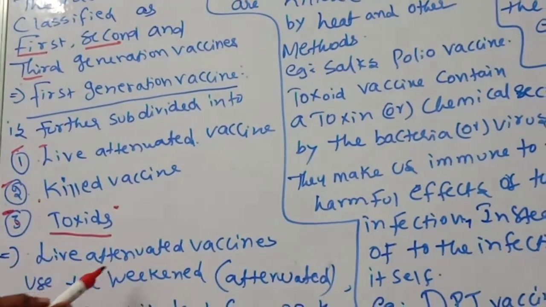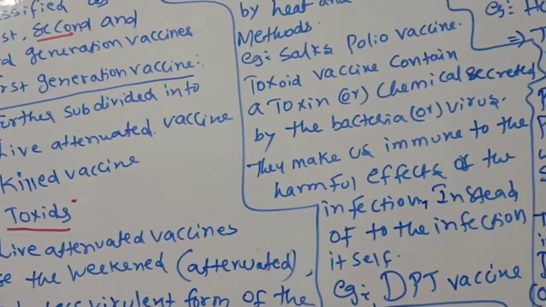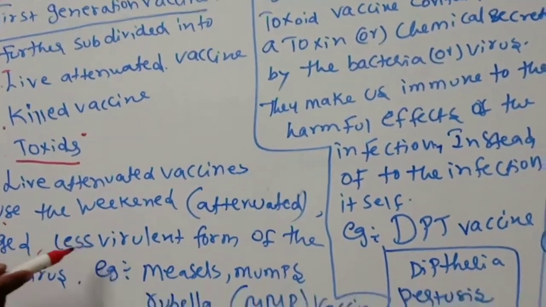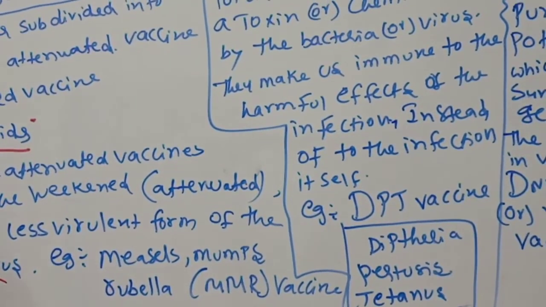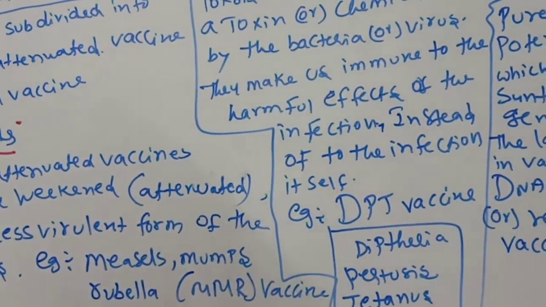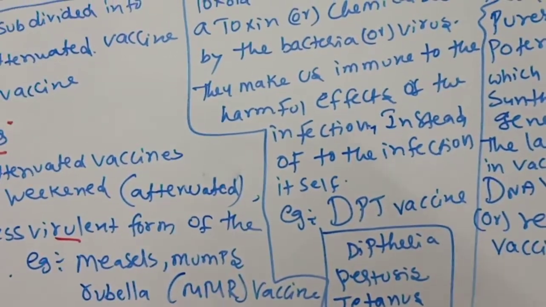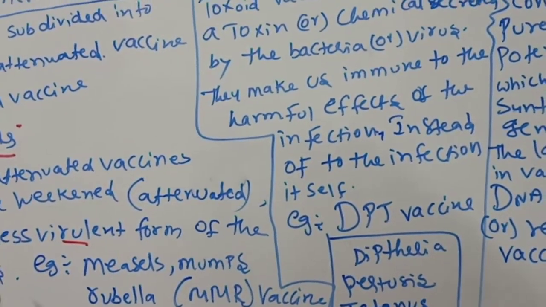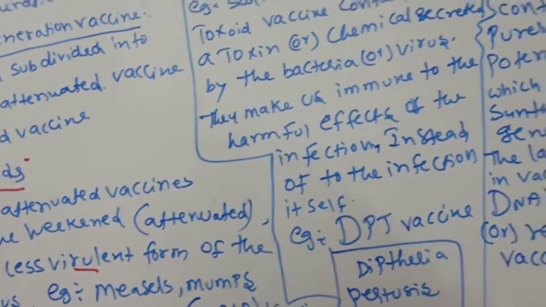Live attenuated vaccines use the weakened, attenuated, aged, less virulent form of the virus. Suppose one virus is there, that one we are weakening by using chemicals, less virulent, not that much serious, not that much dangerous. Such a virus we will take and use as a vaccine.